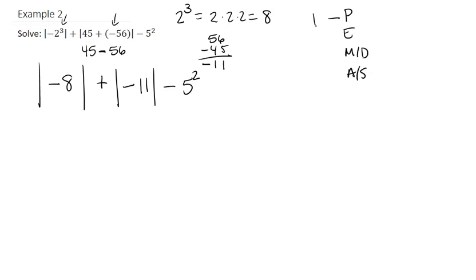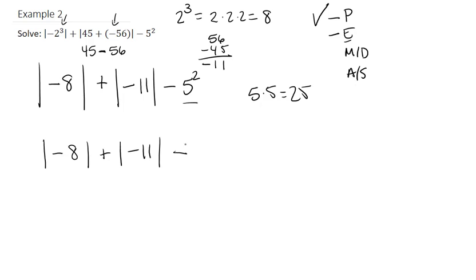So here we've dealt with both parentheses by dealing with absolute value. Next we look at exponents, which we do have an exponent here, so we need to address that. So we can go ahead and rewrite these. So 5 raised to the second power is 5 times 5, which is 25. So we just have minus 25.